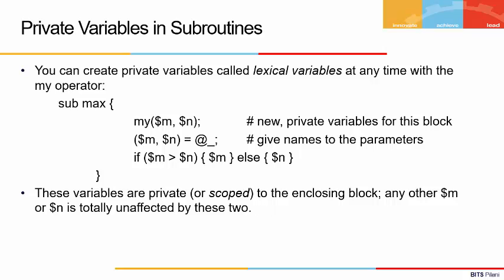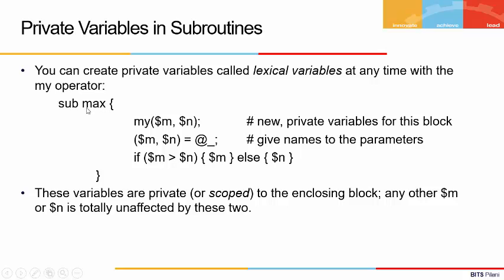And what about private variables in the subroutine? You can create private variables, also called lexical variables, at any time with the my operator. For example, you can see it here. I have the new variables $m and $n. These are private variables for this block itself, not global variables.